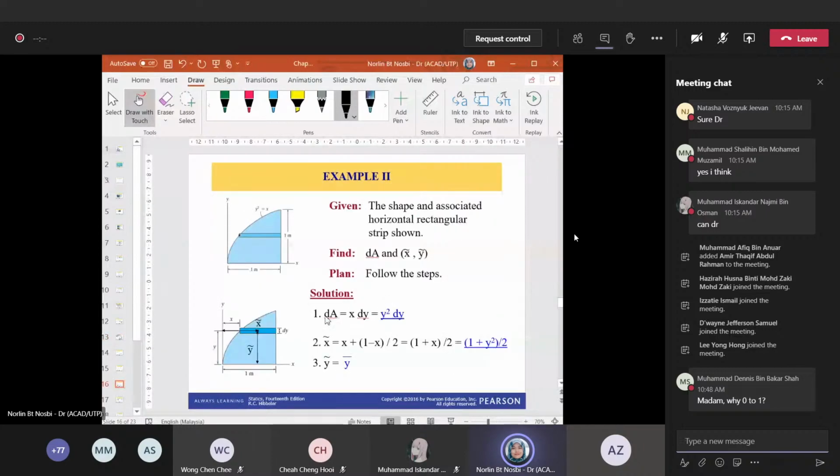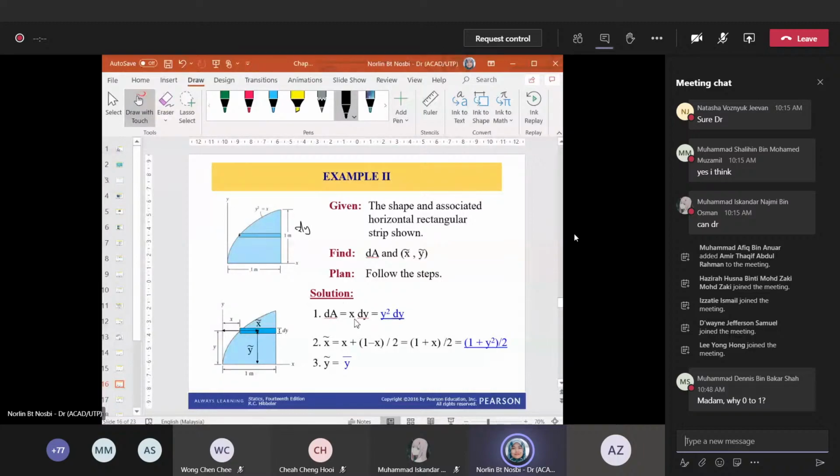You have to make sure the differential element of area refers to dy or dx. Because we're using horizontal, it would be dy. So dA equals what? dy.